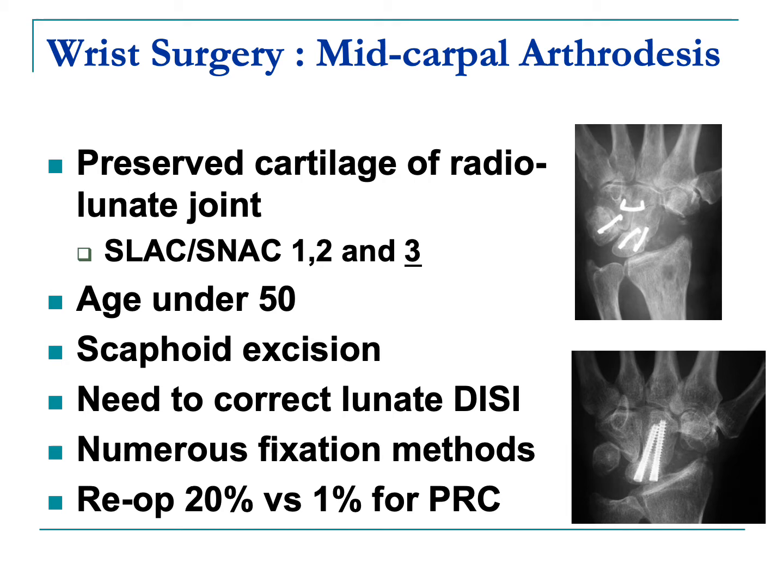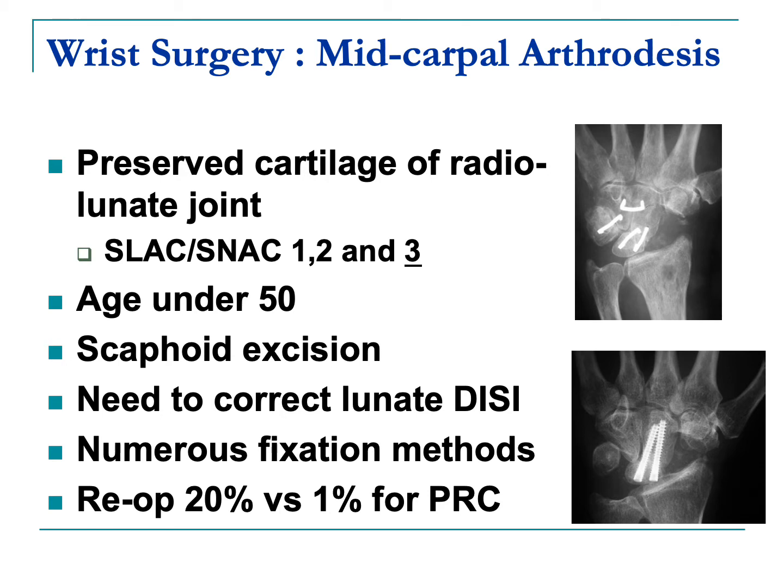It is important, however, to make sure that at the time of the four-corner fusion, if there is malalignment of the lunate, which frequently in an arthritic wrist related to scapholunate disease or non-union of the scaphoid leaves the lunate in an extended position. And it is unfortunate that sometimes the fusion is done with the lunate in an extended position, which does not lead to predictably good results.